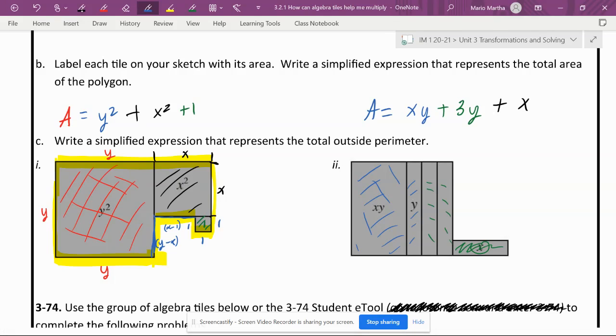Okay? So now that little chunking looks a little bit complicated, but actually it's a lot easier than what it looks. So here, the perimeter, let's start adding what we know for sure we have. So I'm going to start off with the 3y's, 1, 2, 3, okay? So I know for sure I have 3y's.